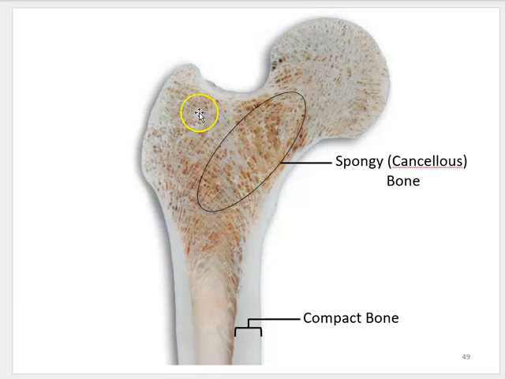So I hope you can see why they call it spongy bone. It's got spaces that are connected by structures. Well, the structures are bone, so it is rigid.